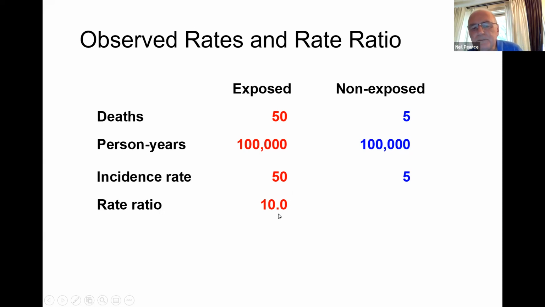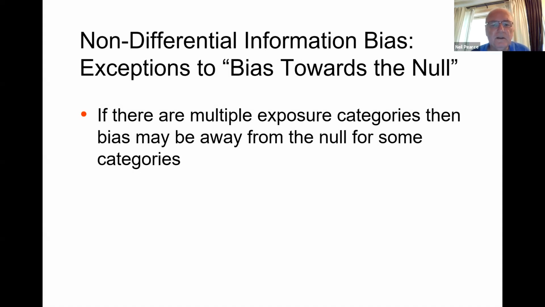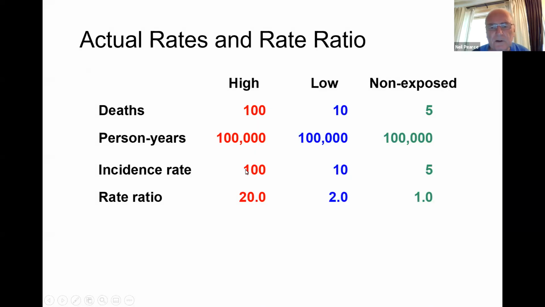So if you just miss a few of the cases or deaths at random, but you're looking at ratio measures, it doesn't actually cause any bias. So that's one exception. The second thing is that if there are multiple exposure categories, then bias may be away from the null for some categories. So let's go back to our example.